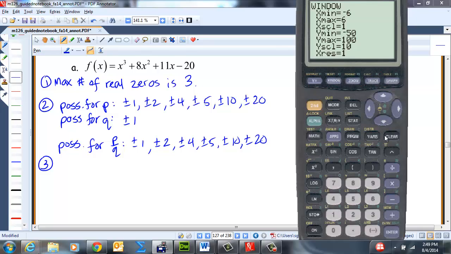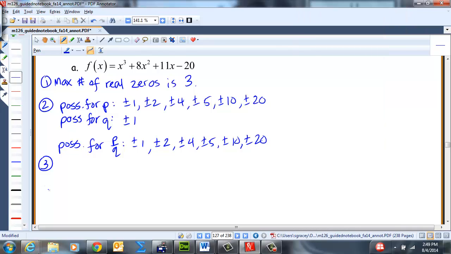So let me just be more complete than this. There we go. Okay, so I'm looking at the graph. I think I'm going to stick with negative 4. I'm going to see what happens with negative 4.